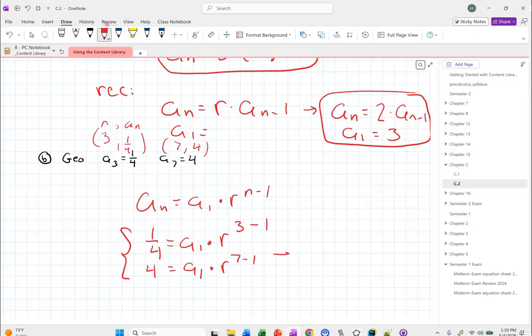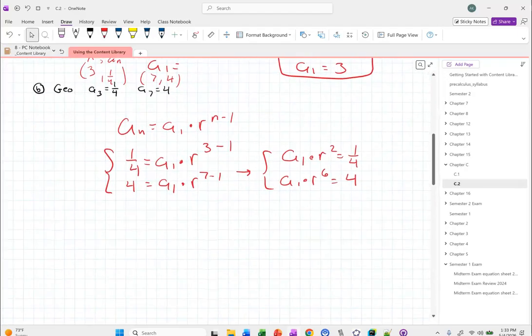I'm going to go ahead and simplify things just a little bit and write them in a slightly different order. Now, notice that my variables in this system, a1 and r, the operation between them is multiplication, right?